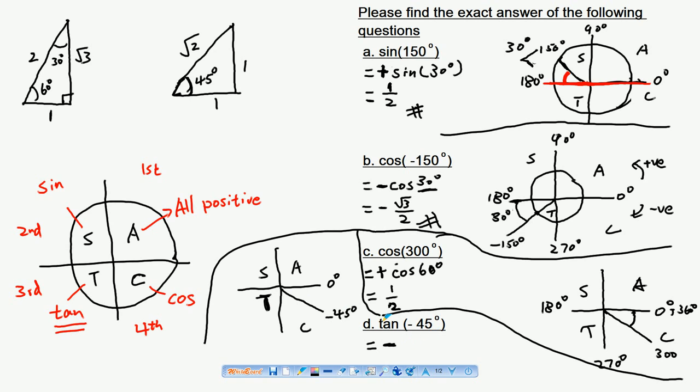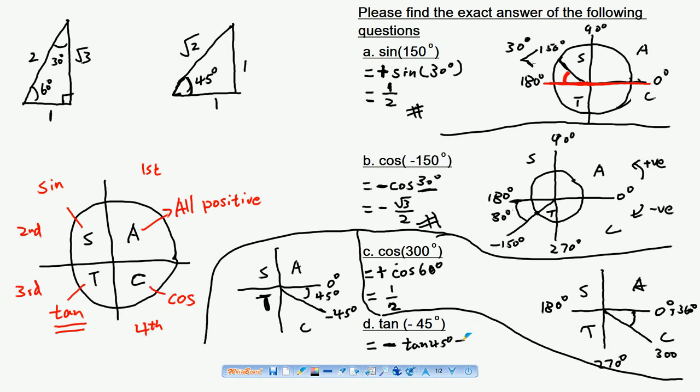The angle between our minus 45 and 0 is 45 degrees. So D equals tan minus 45 degrees equals minus tan 45 degrees.